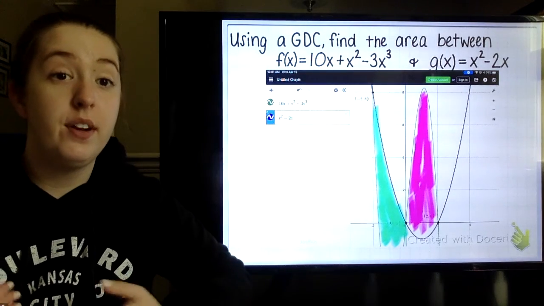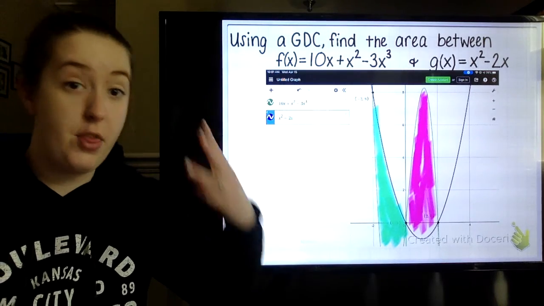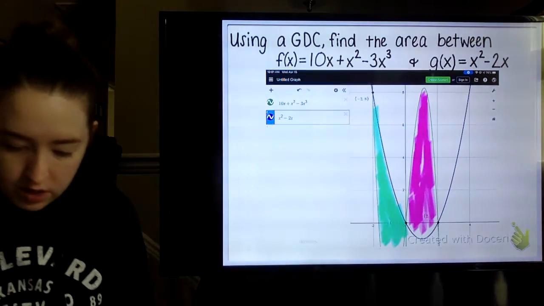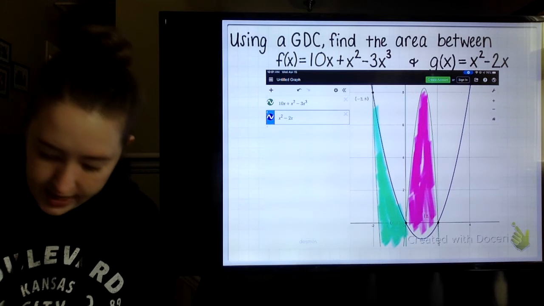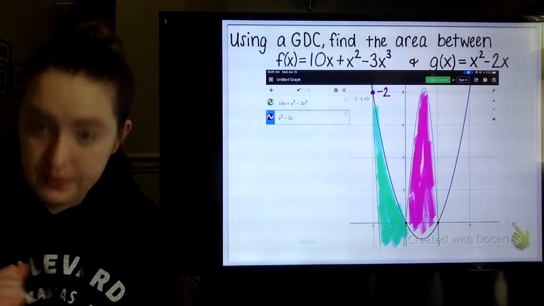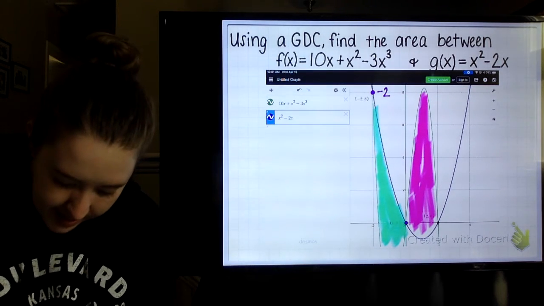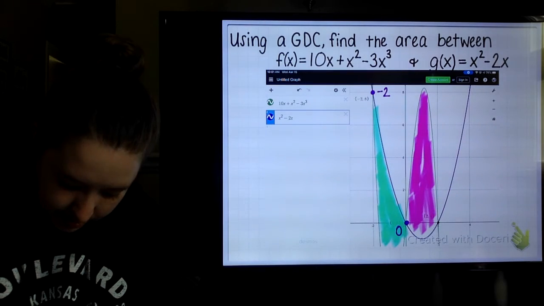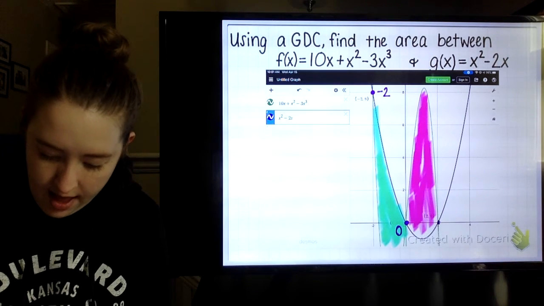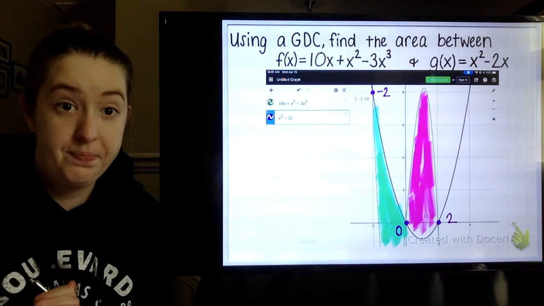So we have to know where these functions intersect, and they intersect at three different places. They intersect right here at x equals -2, right here at x equals 0, and right here at x equals 2.